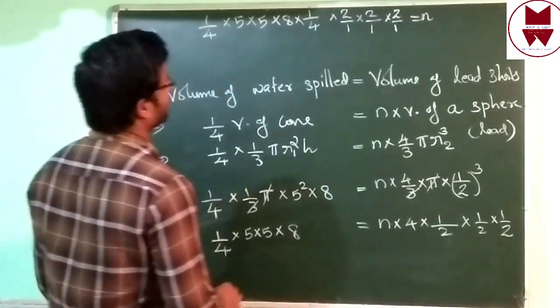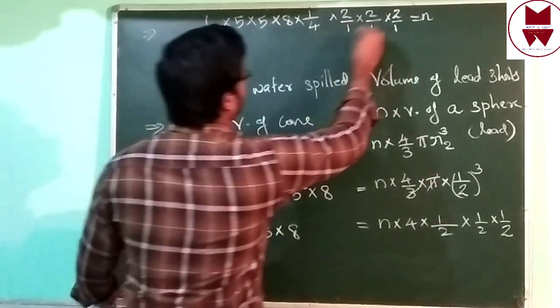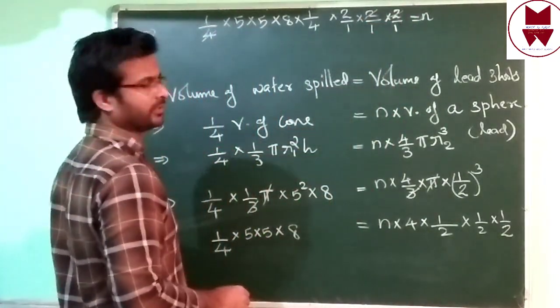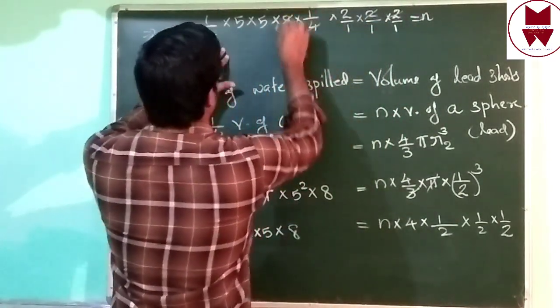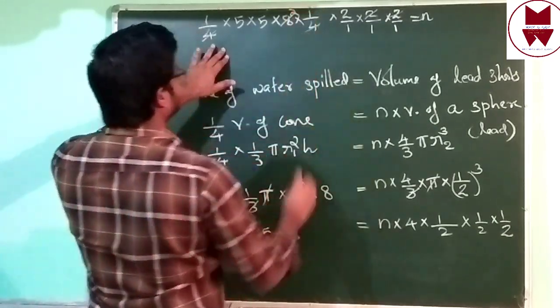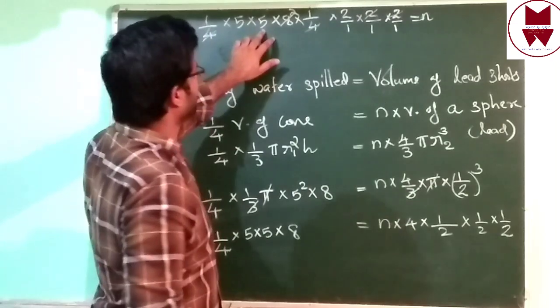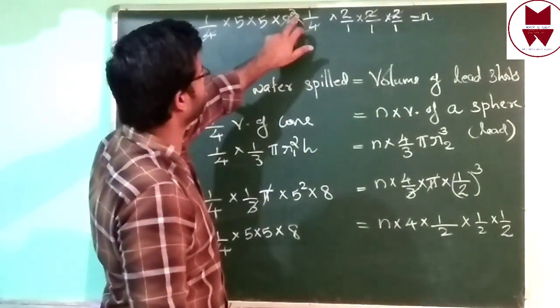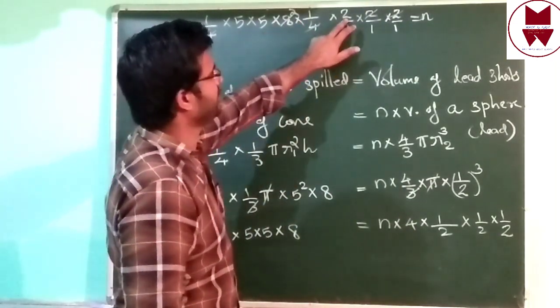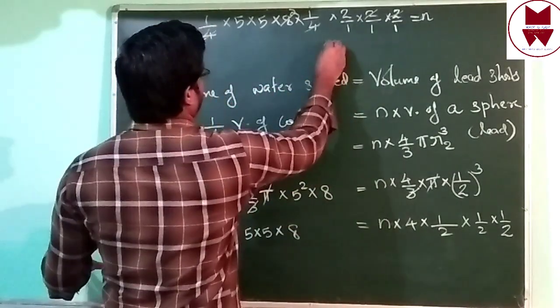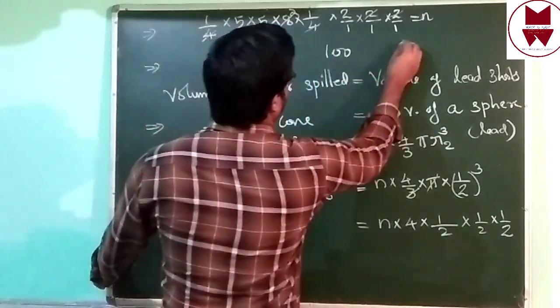Then we can cancel the 4 and 2, 2. 5 into 5 is 25, 25 into 2 is 50, 50 into 2 is 100.